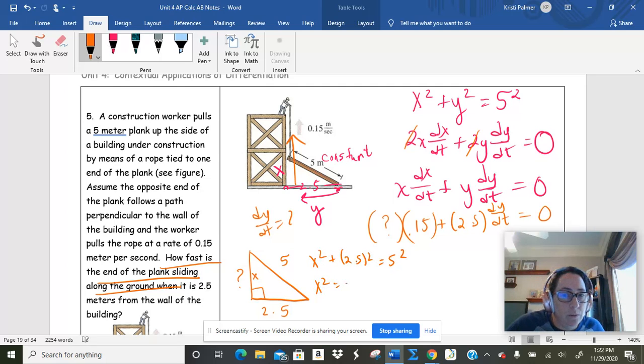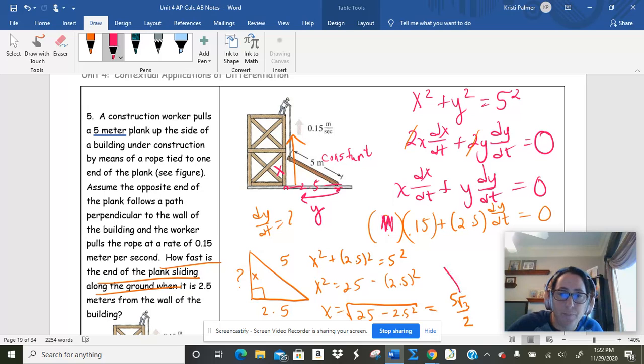X squared equals 25 minus 2.5 squared, and then we only want the positive square root of that. And I simplified it down. It's up to you if you want to, but I got 5 radical 3 over 2 that I'm going to now plug into this right here.